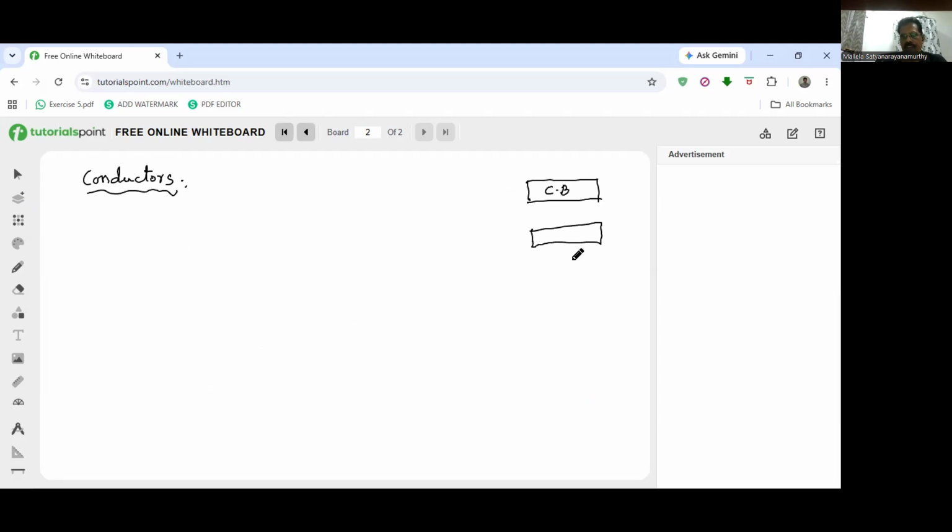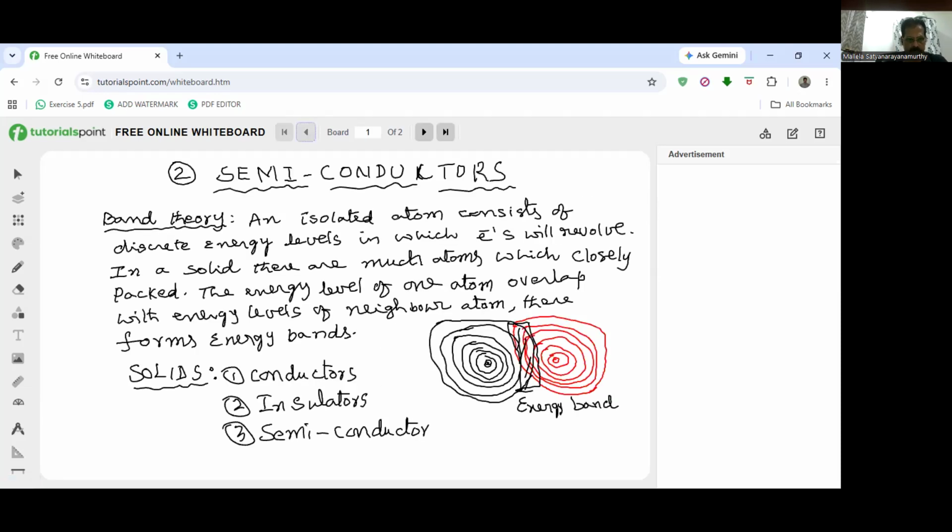Every solid consists of a valency band and a conduction band separated by some energy gap, which is called a forbidden energy gap. So this is the valency band and that is the conduction band.